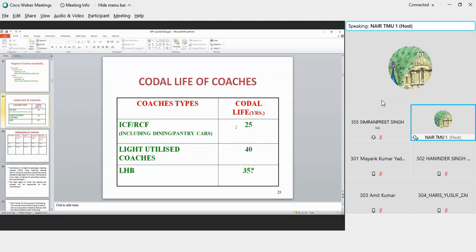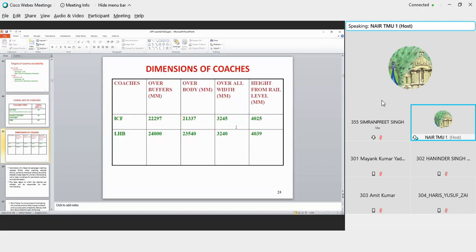This is the codal life of the coaches, which we have already discussed: the ICF coaches have a codal life of 25 years, and LHB coaches have a codal life of 35 years. Some numbers, just to tell you that the LHB is a longer coach as compared to the ICF. An ICF train length is defined as 24 coaches, whereas a 22-coach LHB train replaces an ICF 24-coach train.